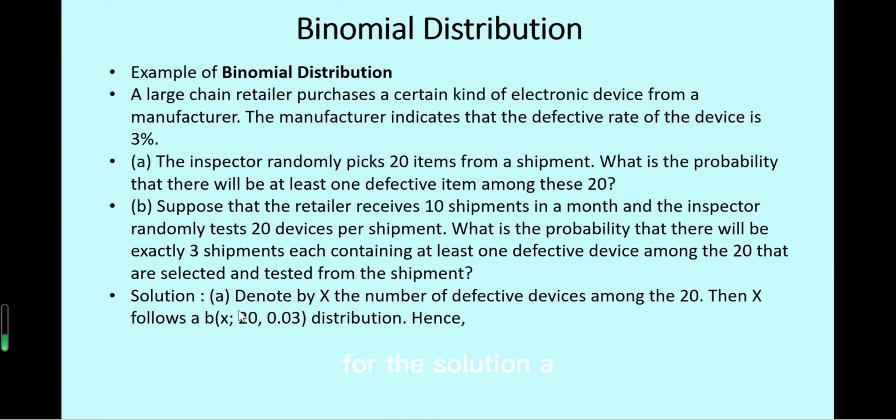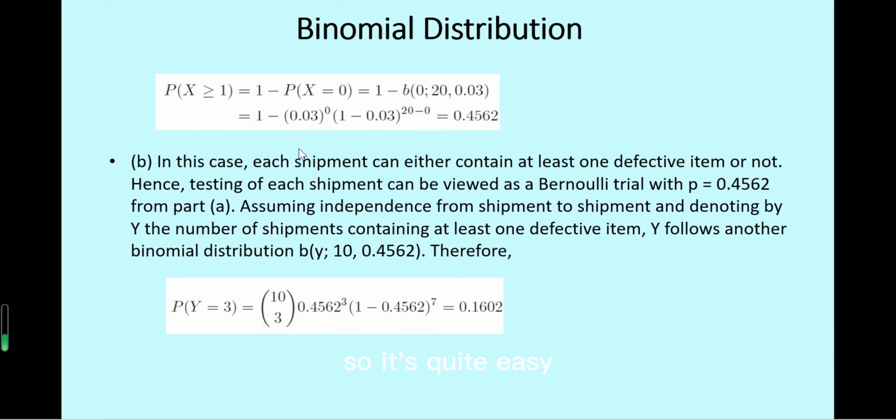For solution A, if we denote by x the number of defective devices among the 20, then x follows a binomial distribution with n equals 20 and p equals 0.03, right? So it's quite easy. We just calculate the probability of x larger than or equal to 1, which means 1 minus the probability of x equal to 0.